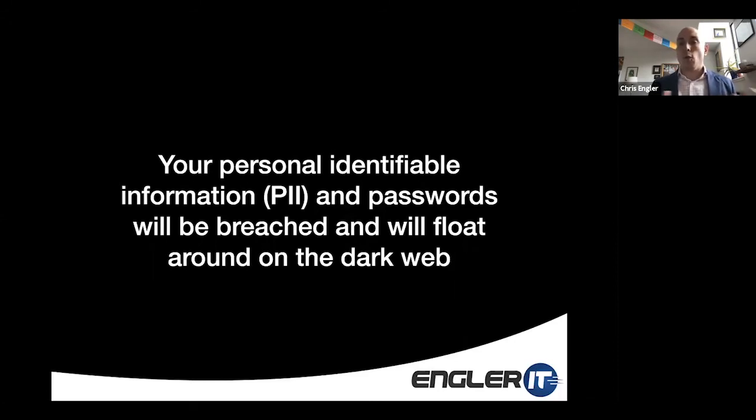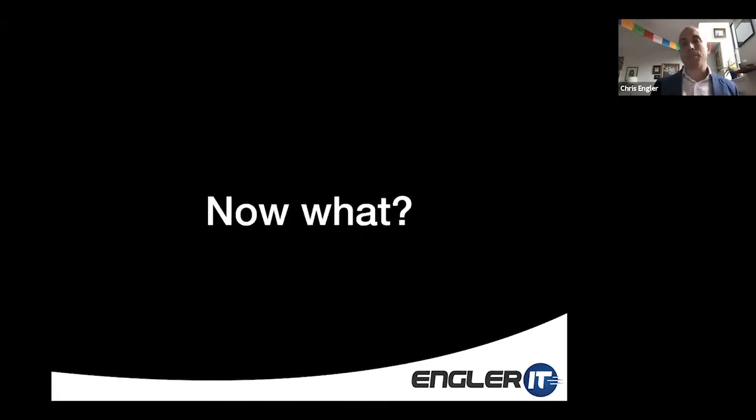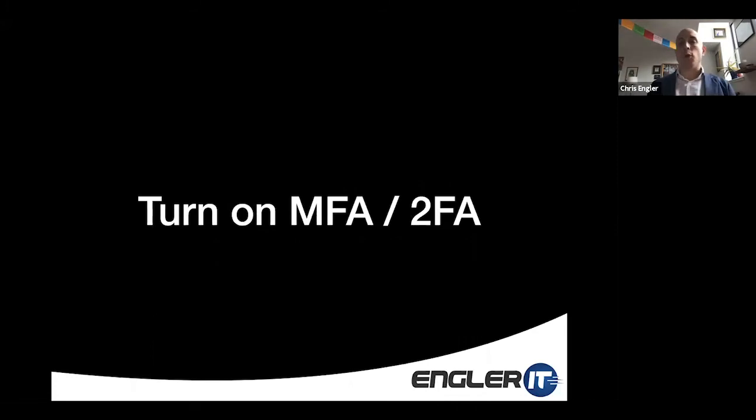Okay, so how do we protect ourselves against this? Because right now it seems like there's not a whole lot we can do besides try to find out what they're doing. But we can take a couple precautions to have less of an impact on us. The first thing we can do is turn on another layer of authentication on our accounts.